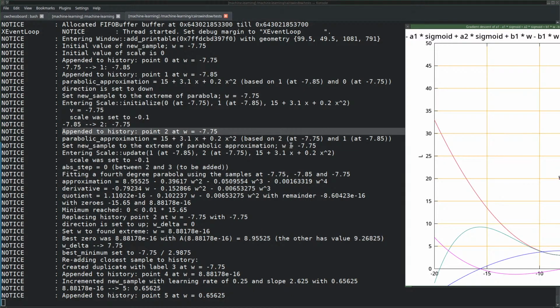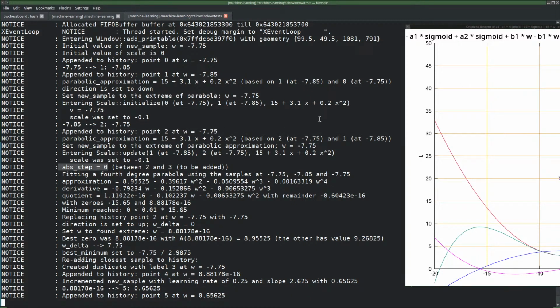Finding the extreme, which is still minus 7.75. Calling update on scale. Scale set to minus 0.1. This is just still very small. And then it sees that this minimum that it finds now is just the same parabola. So the minimum is still the same.